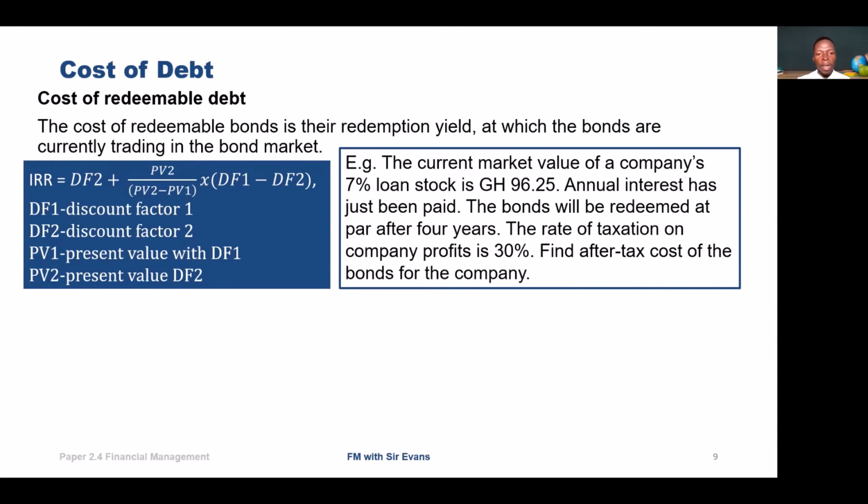Then 7 multiplied by 70% will give us 4.9 being the annual interest. Now the market value of the bond is 96.25. So at year 0, that becomes our outflow. And then our redemption value to be redeemed at par after 4 years.